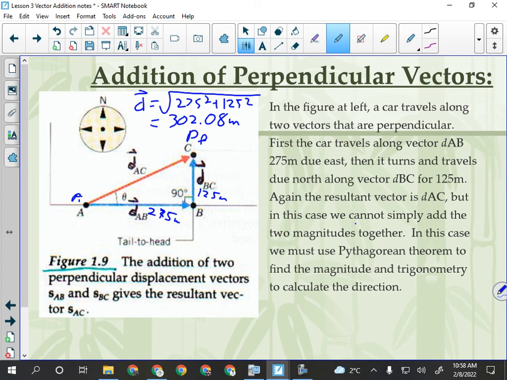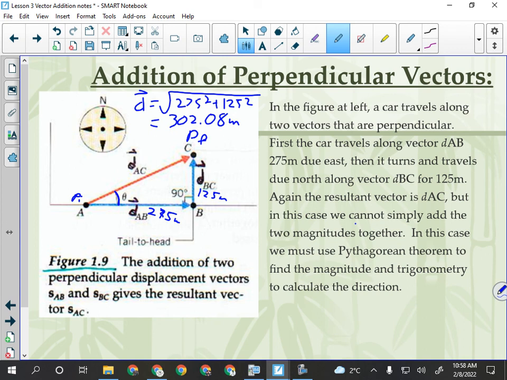How do I figure out what direction this thing is going? The angle between the resultant line and the one on the bottom. This? Yes. Okay, so I gotta find that angle. I know all three sides of my triangle.